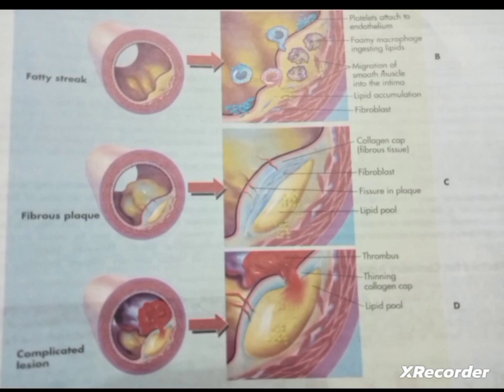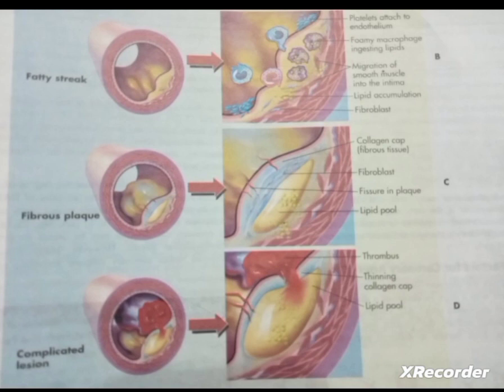Once the endothelial injuries occur, lipoproteins transport cholesterol and other lipids into the arterial intima. So when the internal or endothelial layer of the arterial wall is injured, the lipoproteins, cholesterol, and everything will accumulate in that area, and that leads to collagen formation and fibrous plaque formation.